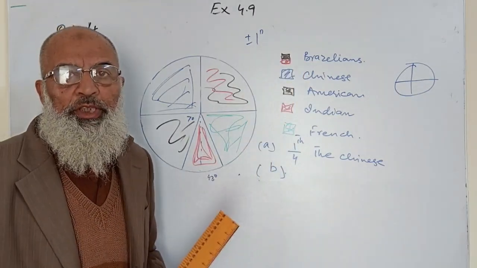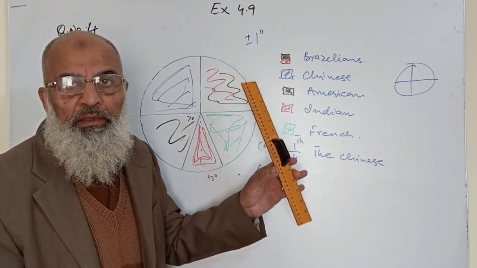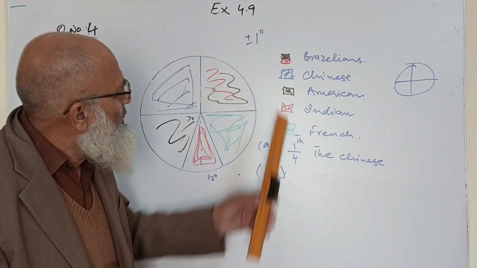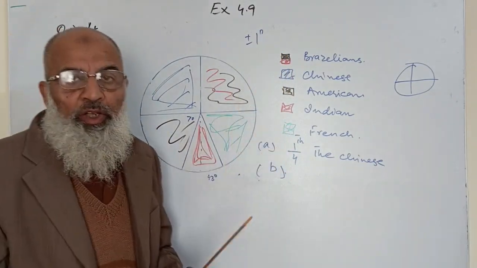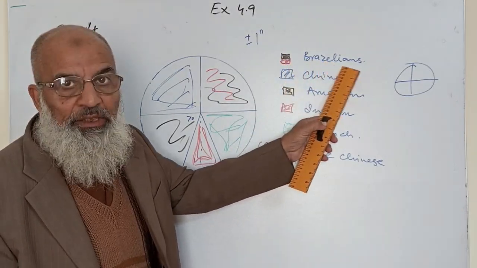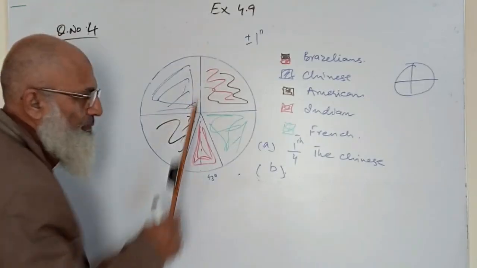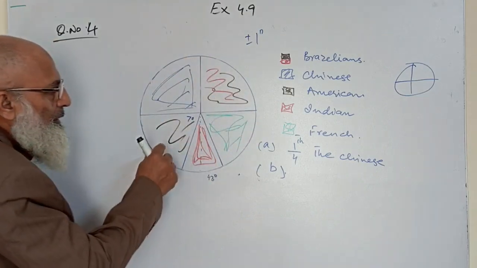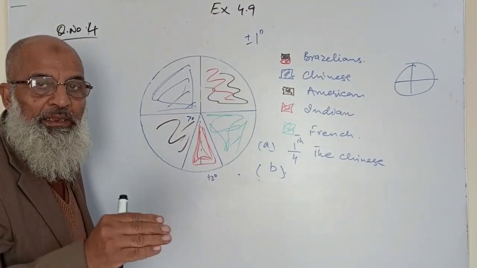Due to shortage of colors, I have used two colors for Brazilian students. Now you see the Brazilian students are this much. I'll read the question and then I'll tell you how much sector has been asked in the question.